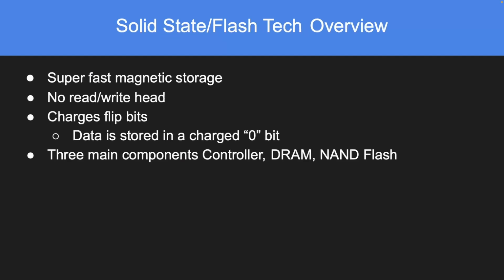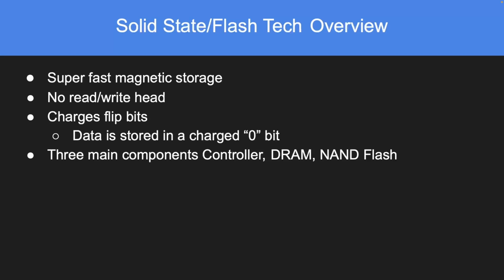Now when it comes to solid state and flash technology, it's more of a super fast magnetic storage. It's super fast because it uses electromagnetic charges instead of a read-write head to flip the bits and store data. And so data, unlike in other methods, is stored within our solid state memory as a 0 bit.